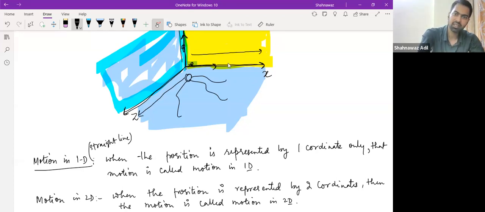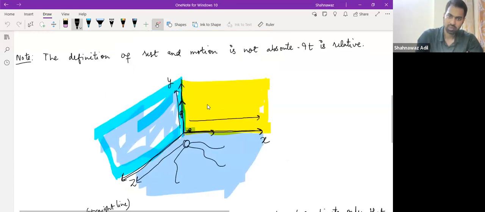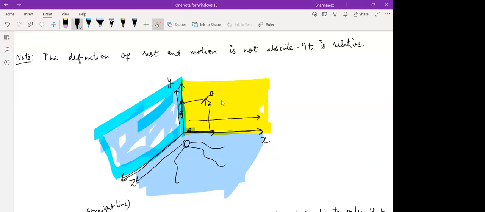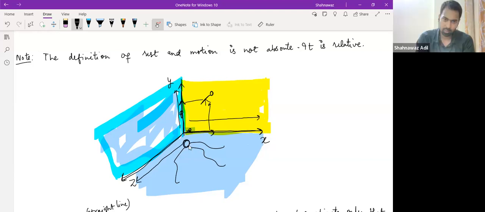Or let's say that some lizard is moving on the wall, crawling on the wall, right? Then you will require the X and Y coordinates to define the position of this lizard. And the example of this ball also. So this will represent the motion in 2D. Understood?